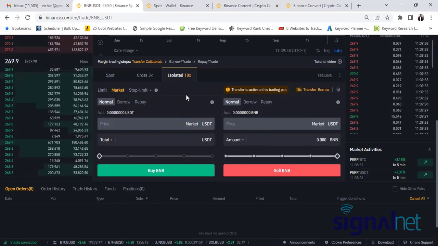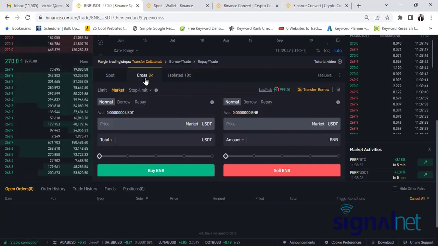And also, using isolated, the trade that you are taking only affects that isolated amount. That amount that you put in the isolated place, that's the only place where that trading will be affecting. Unlike if you use cross. Depending on how advanced you are as a trader, some people use cross.